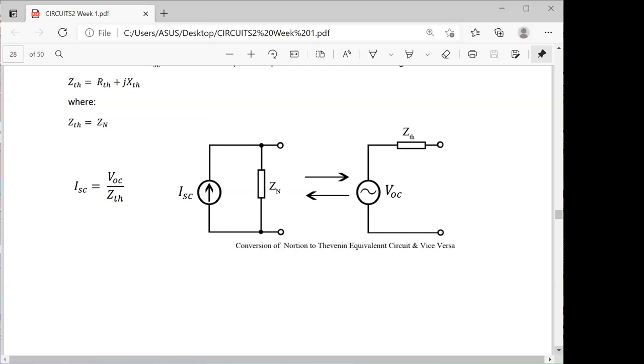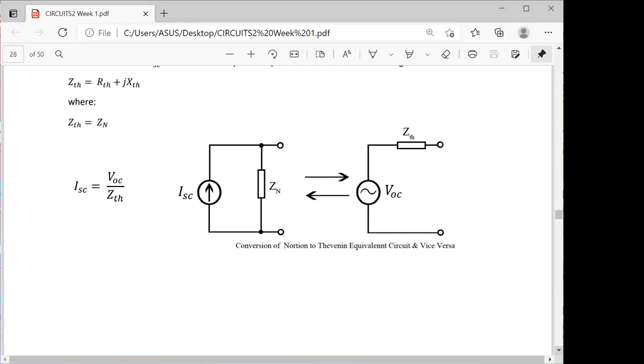Of course, in its equivalent circuit, meron silang open terminals, 2 terminals on each. From these terminals, we can reconnect the element we are looking for.